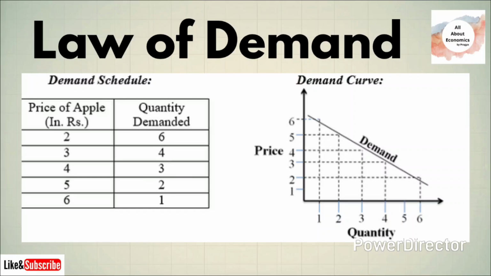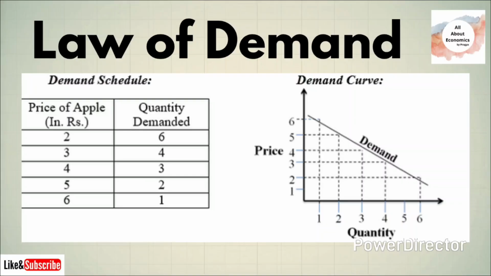This table shows that when price is 2, quantity demanded is 6 units. When the price has increased to 3, quantity demanded has decreased to 4 units, and so on. At price 4, quantity demanded is 3, at price 5, quantity demanded is 2 units, and at price 6, quantity demanded is 1 unit.